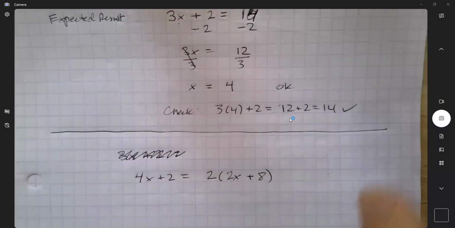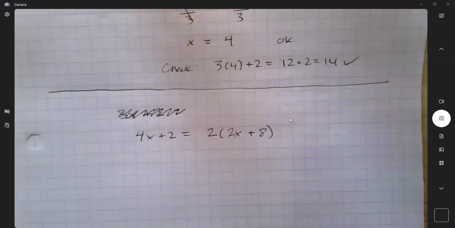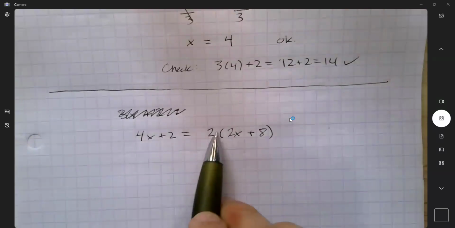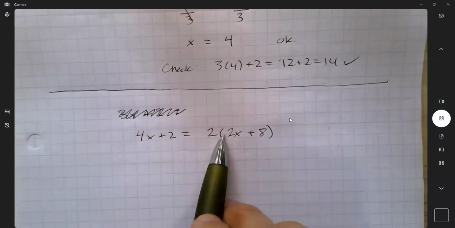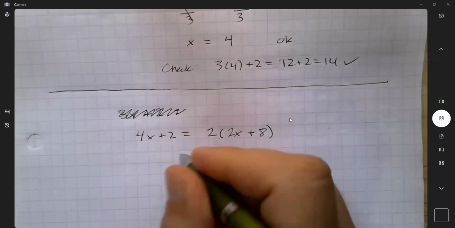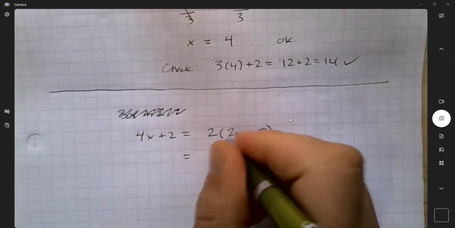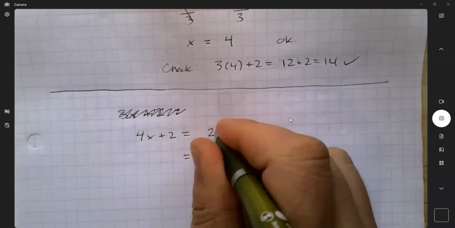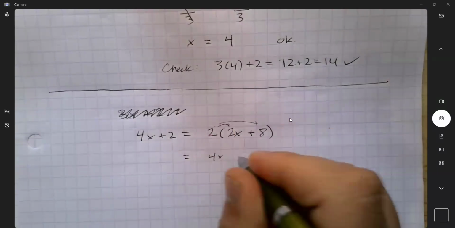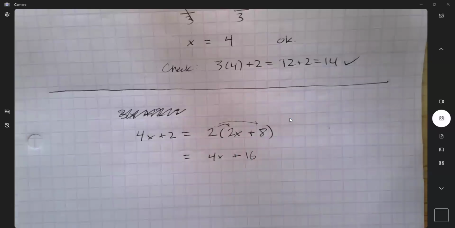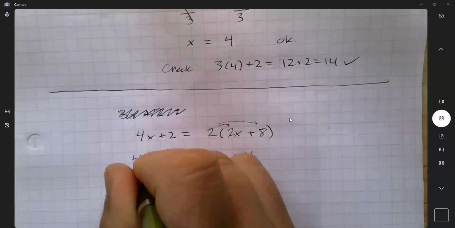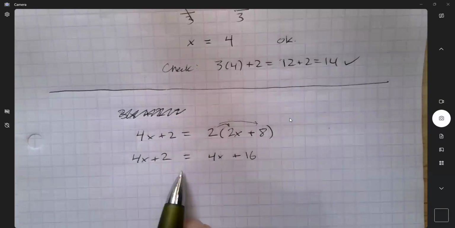Now we worked a little bit on order of operations. If I want to get all the x's on one side, first I have to get the right side multiplied out. So 2 times 2x becomes 4x, and 2 times a positive 8 becomes plus 16. And my equation is equivalent to 4x plus 2 equals 4x plus 16.